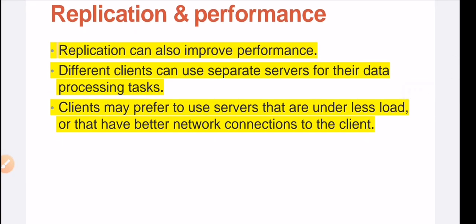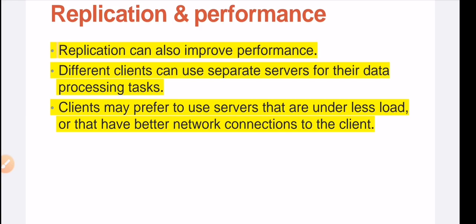So replication can also improve performance. How? Different clients can use separate servers for their data processing tasks. So this will improve the performance instead of just waiting with many tasks in a pool to finish their requests on one machine or one server.